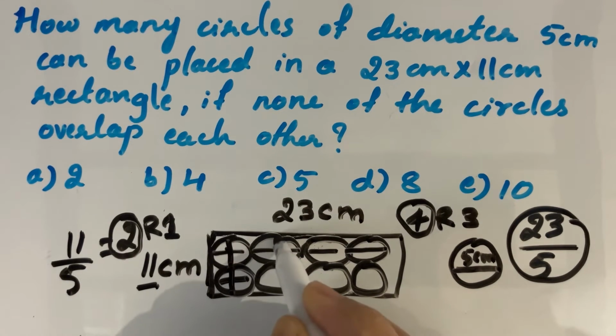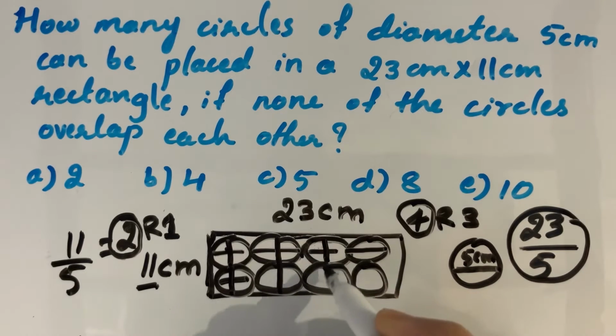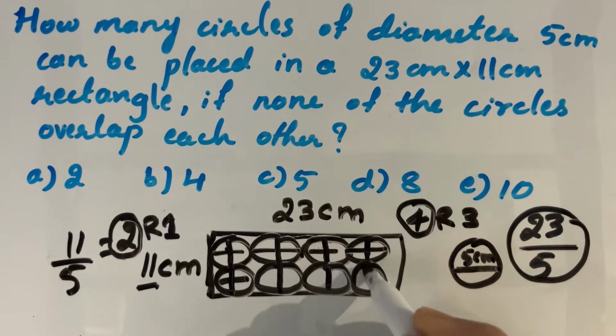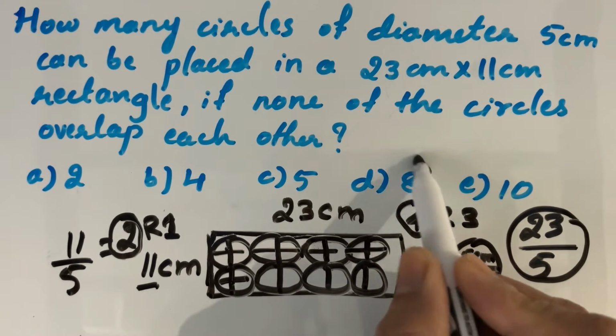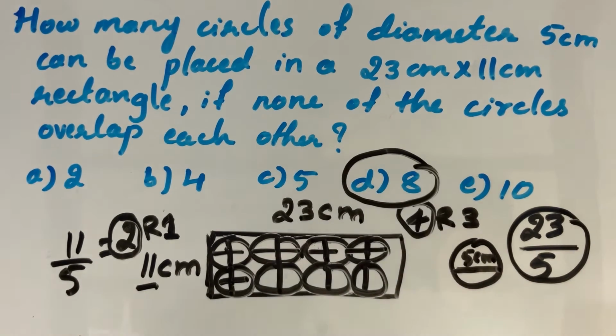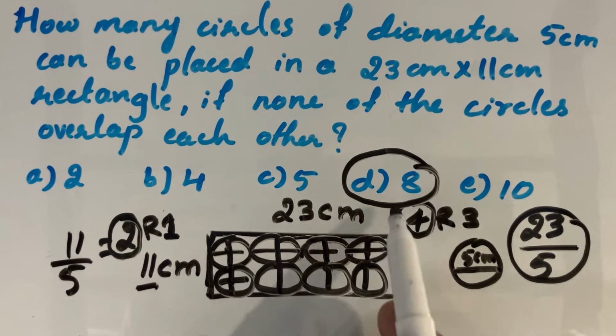This is also 5 centimeter diameter. So total 4 times 2, so we can place 8. Total 8 circles. So correct option is option D.